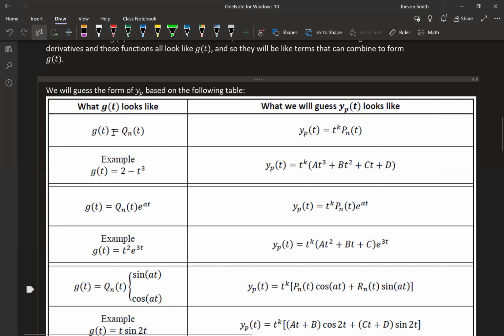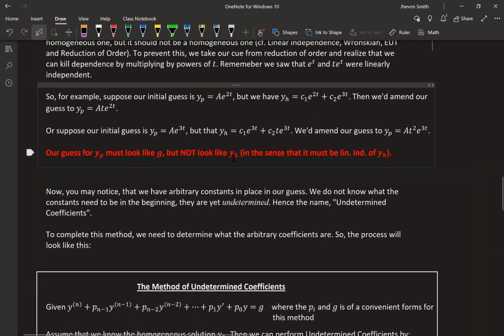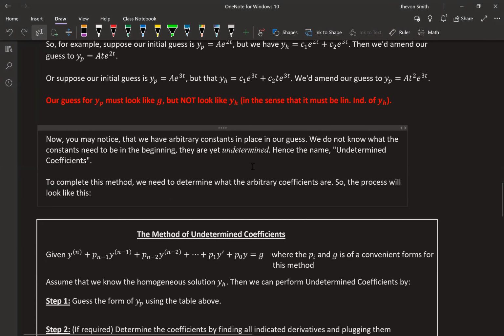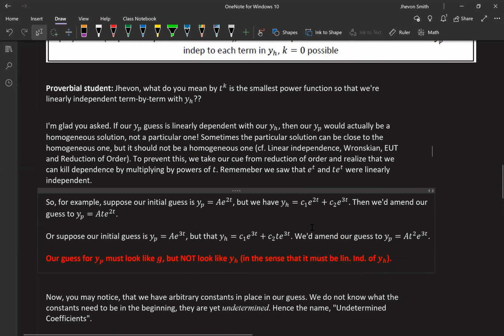If my G looks like something on the left, my guess is going to be something on the right. At the same time, I do not want any terms to overlap with my homogeneous solution. If there are any overlaps, I will keep multiplying by t until there are no longer any overlaps. Okay, that's basically it. That's how we would do the guesswork for YP.